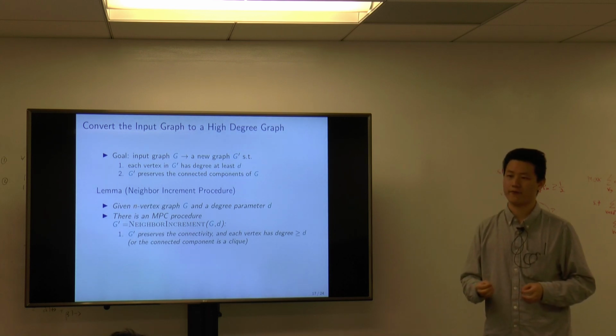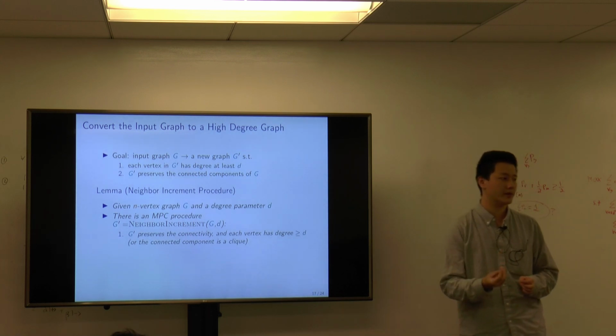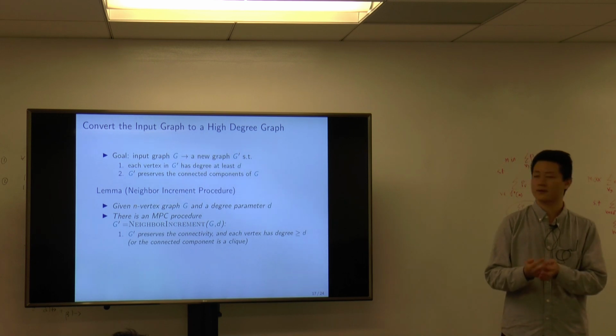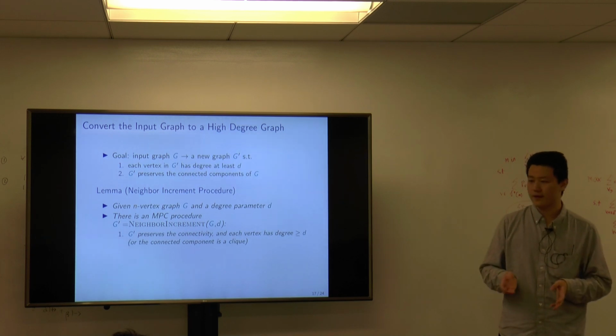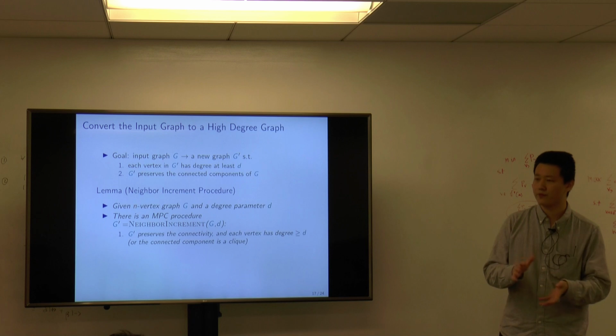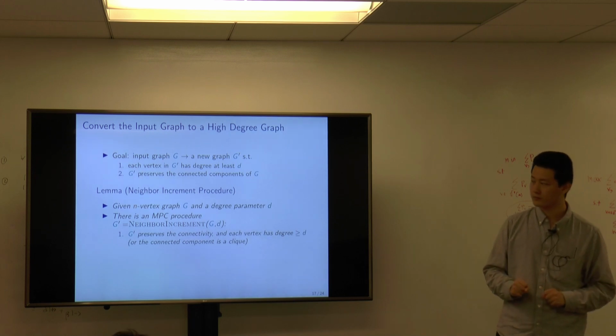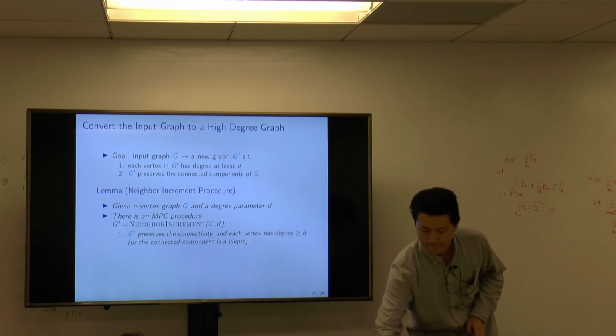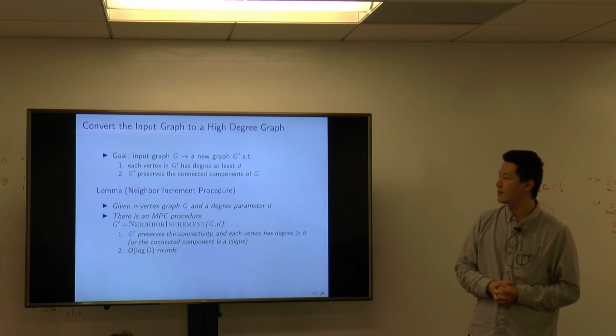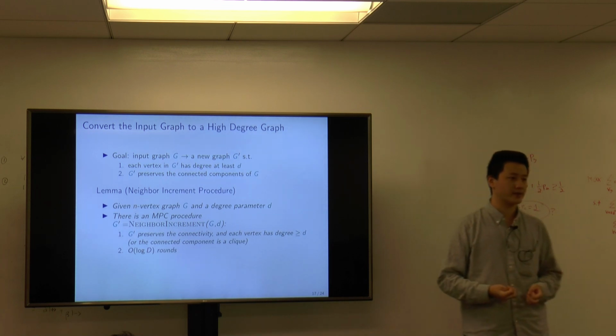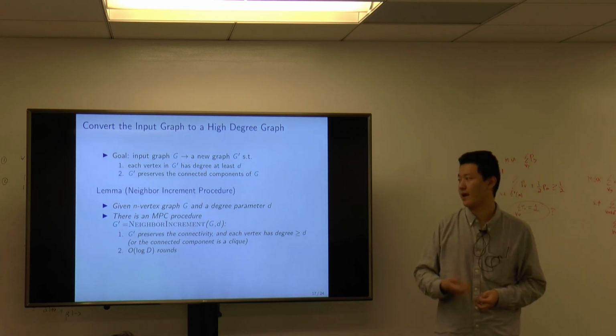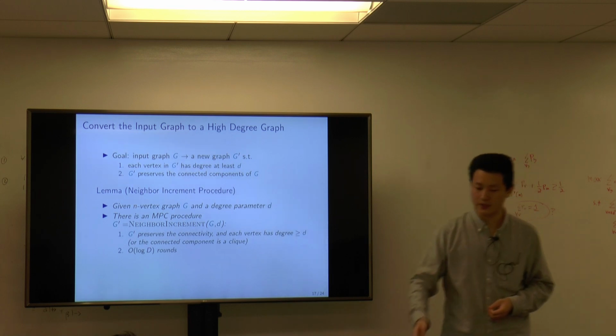Notice that if a vertex is in a connected component whose size is smaller than d, then that connected component in graph G prime will be a clique. And this neighbor increment procedure takes log diameter number of rounds, where the diameter is of this graph G.